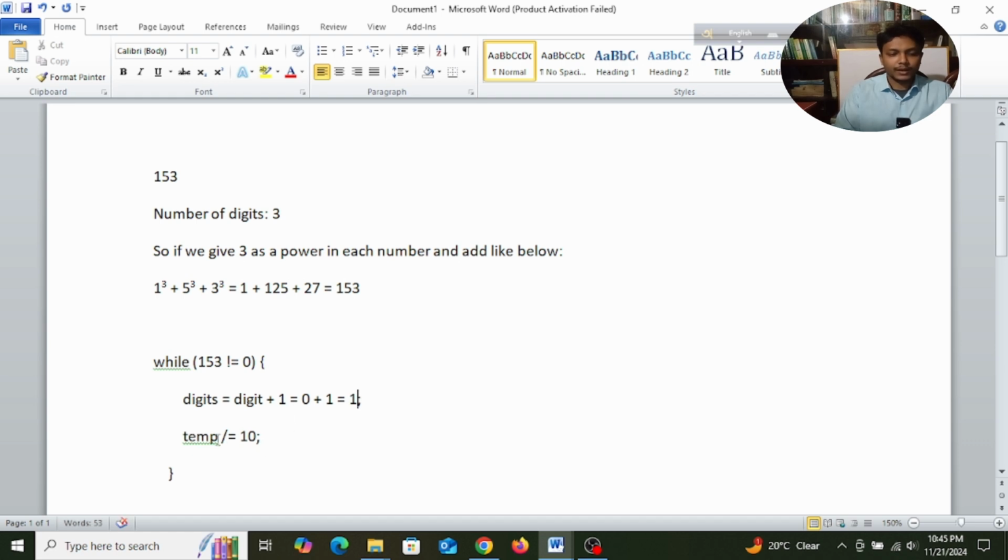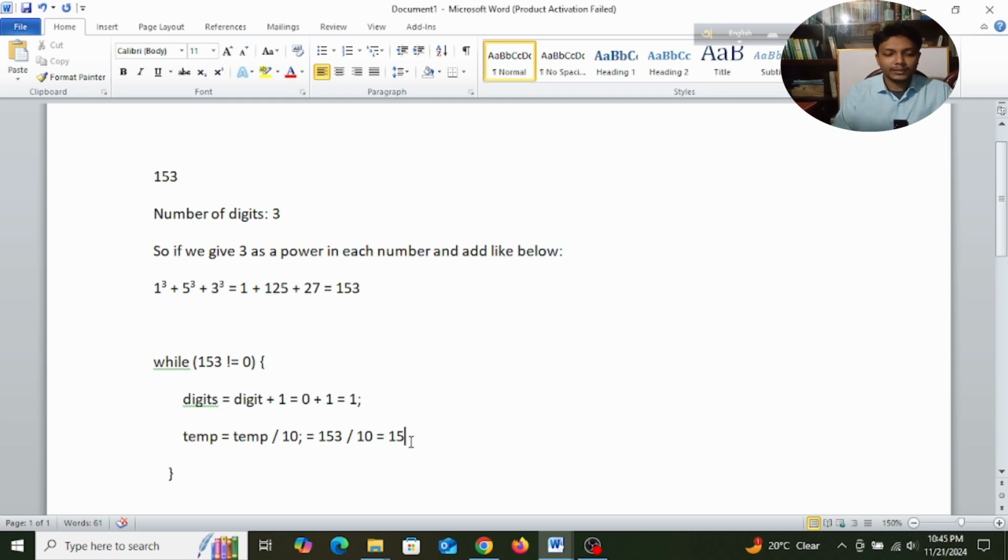Now temp would be divided by 10. We can write this as temp equals temp divided by 10, right? Temp is 153 divided by 10. If we divide like this, we get 15 times 10 is 150, and 3 will be the rest.